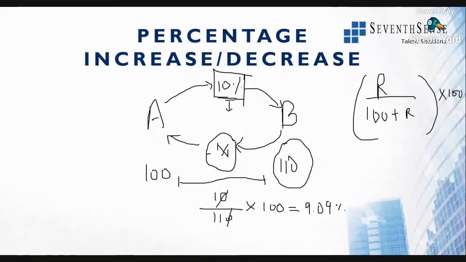All right, so R is the increase in percentage, that is B is 10% more. When it is more, the denominator will be 100 plus R. Just substitute the R value, so it becomes 10 by 100 plus 10, which is 110. The same concept here, multiply it with 100, you will get 9.09.